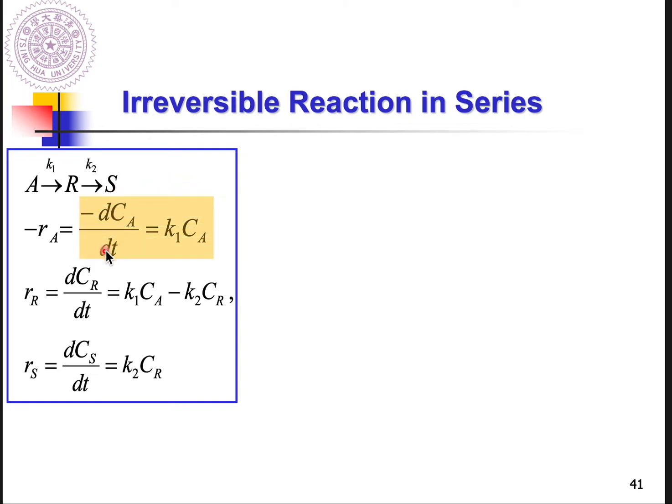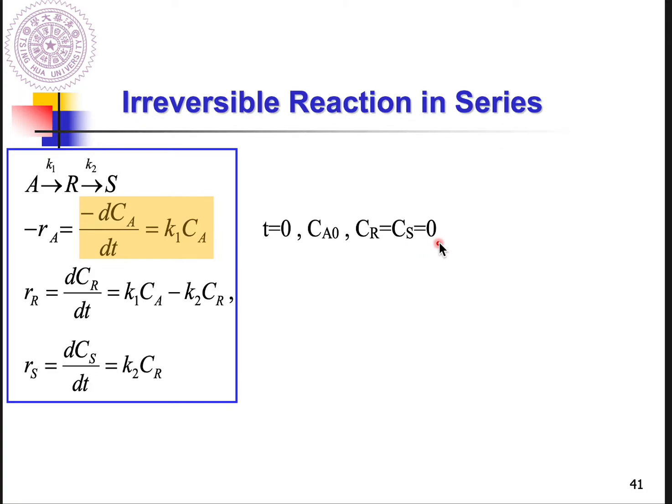Next, based on the first equation associated with CA, and combined with the initial conditions, before the reaction happens, we know the concentration of reactant A equals CA0, and CR equals CS equals 0.